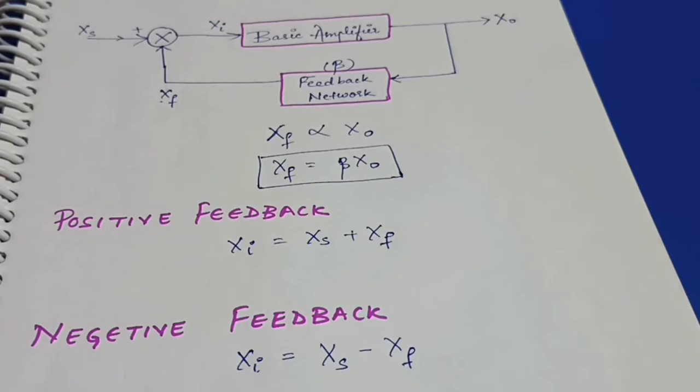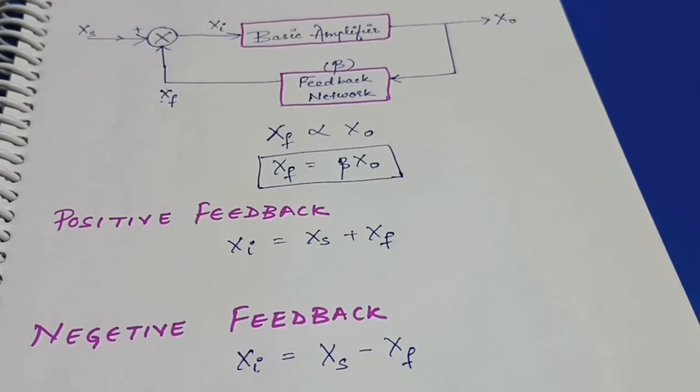Generally, for a basic amplifier, that is an amplifier without any feedback network, the gain is unstable. Why unstable? Because the transistor parameters vary with temperature due to the aging effect. So we use negative feedback in order to stabilize the gain.